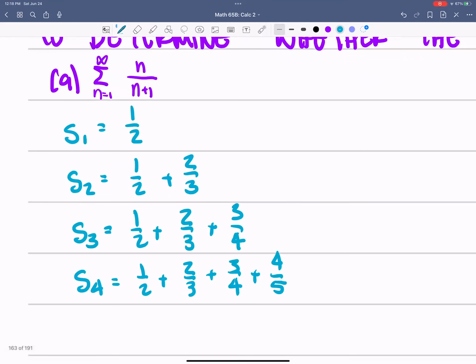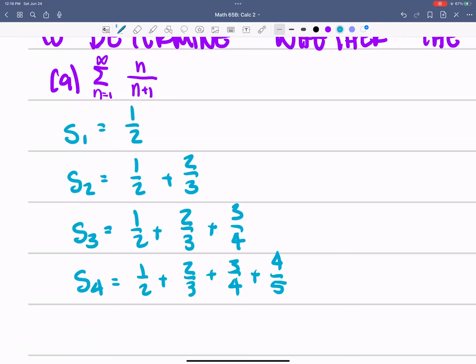All right, in order to prove that it converges, we have to find a value that's larger, but in order to prove it diverges, we have to prove a value smaller diverges as well. As I see these numbers getting progressively bigger, it looks like they're going to go off to infinity.